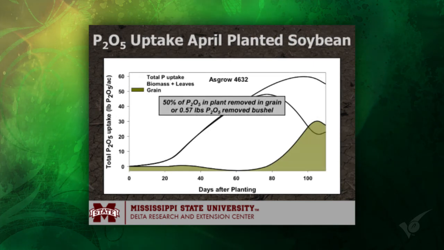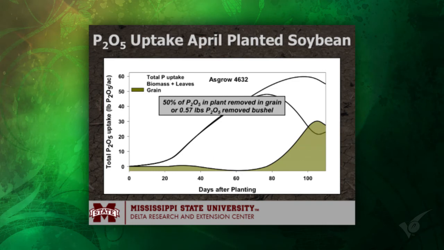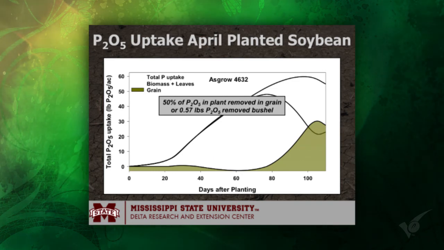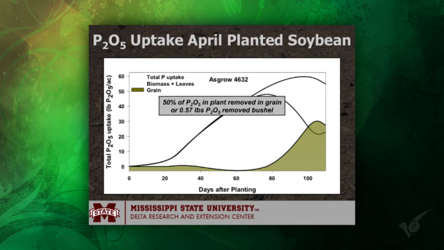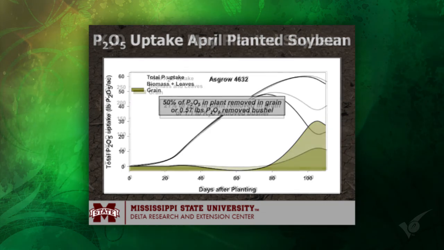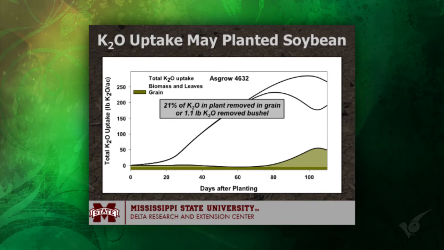If you look at P2O5, very similar. We took up right around 60 pounds total and removed over 30 pounds in the grain. Right about 50% of the total P2O5 that was taken up was removed in the grain. Again, these May values are much lower than the national average. If you look at K2O, very similar.